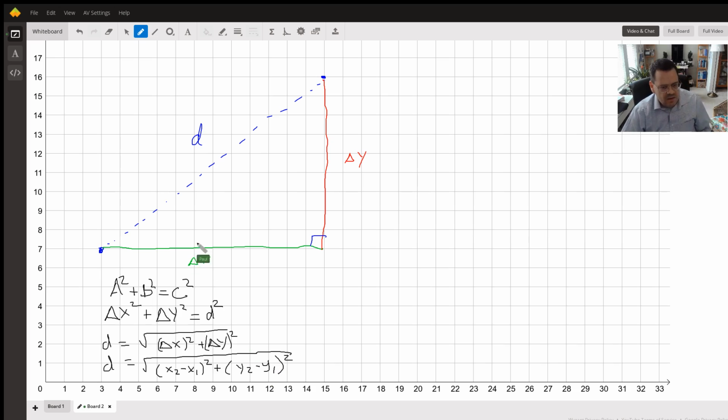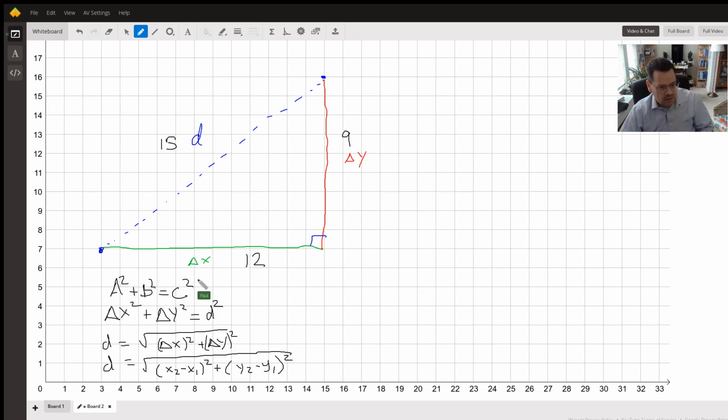So that's how you get the distance formula. So in our problem, we saw that the change in x is 12 units, and the change in y is 9 units. Then we used the distance formula, and we got that this distance here is 15 units.